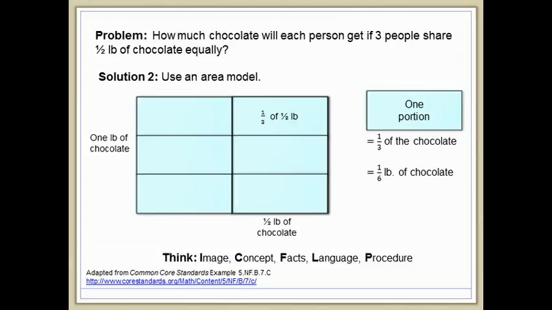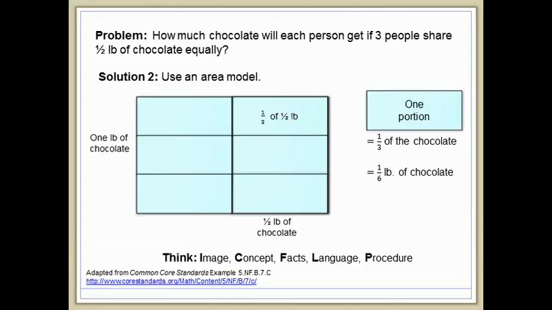So this can be confusing to students because there are two different kinds of divides going on, or two different wholes. If students are thinking of fractions as a part out of a whole, we've got 1/3 of a half, where the whole is all the chocolate that we have available, and so the whole is really the half pound.